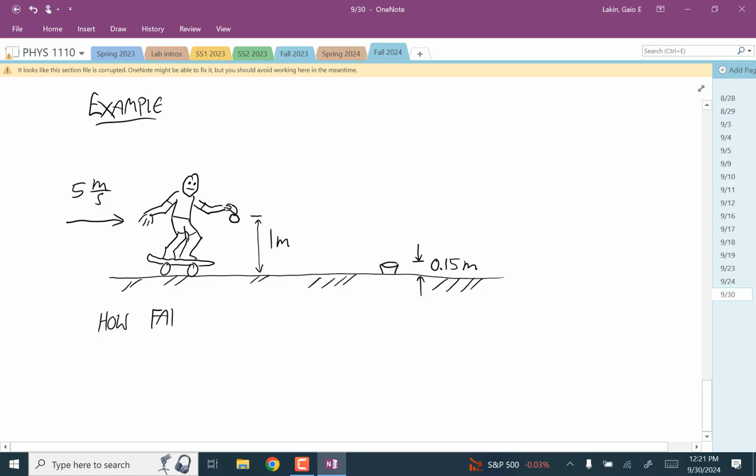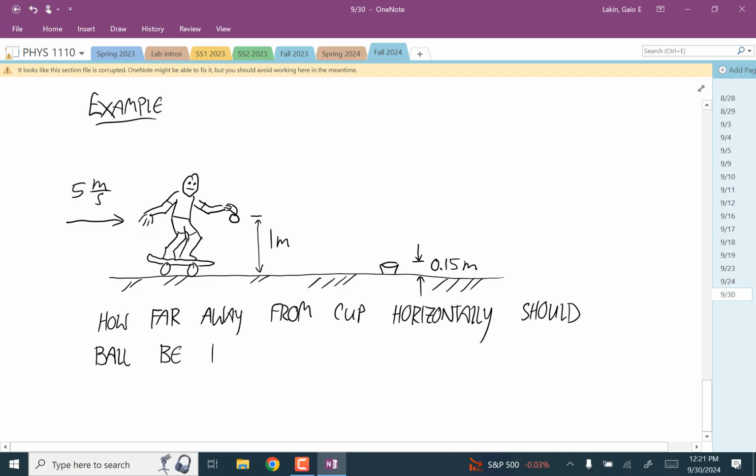How far away from the cup horizontally should the ball be dropped to land in the cup?